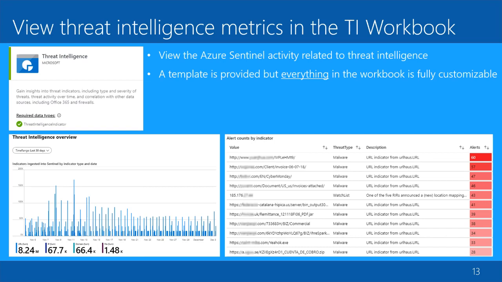In other words, if I got an indicator for an IP address that said this IP address is a threat, and I got that a week ago, and then this week I see data in my network logs that actually match that threat intelligence, that means I've been protected for a whole week. Whoever provided that threat intelligence to me provided me a week's worth of protection. So that's a good thing. And we call that out in the chart, saying that threat intelligence is a week ahead of time.